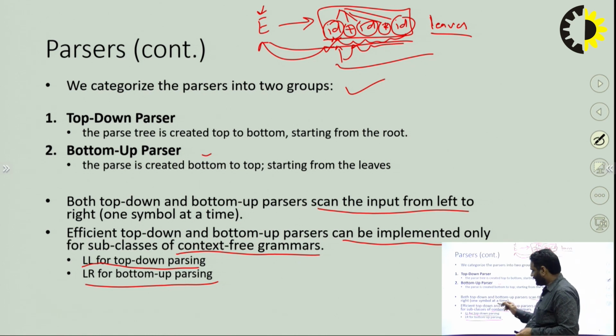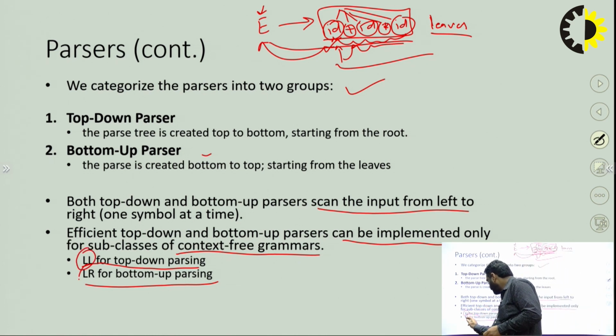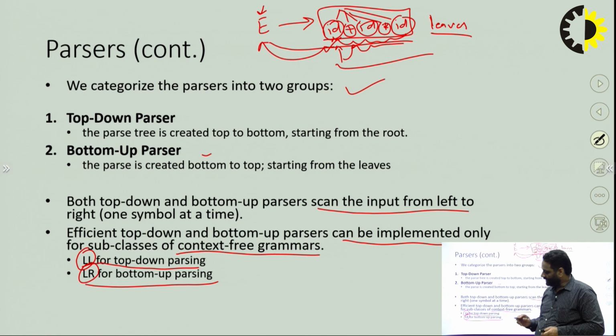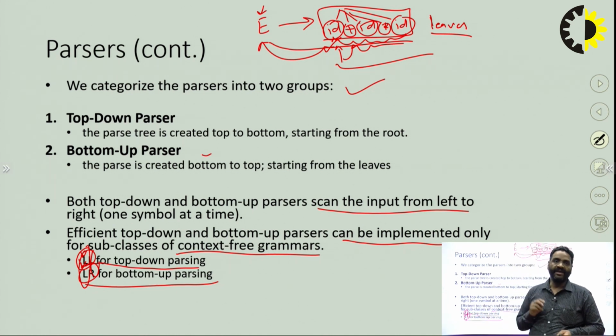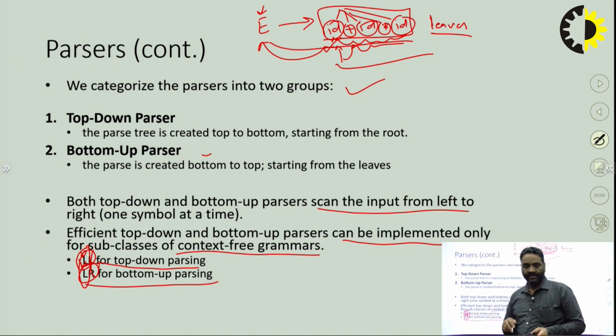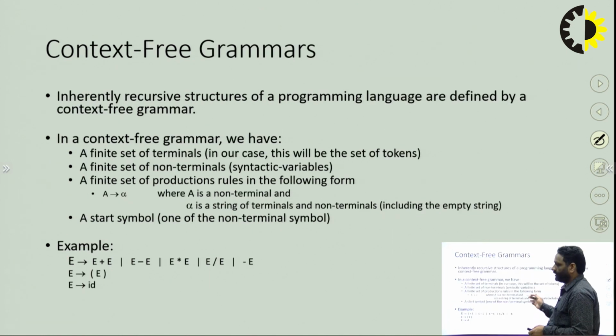You can see there are two letters. In the first case, LL: here the first L means left to right, which is common in both, and the second letter, L or R, is the type of derivation. What is derivation here? Let's discuss this derivation after a few slides.